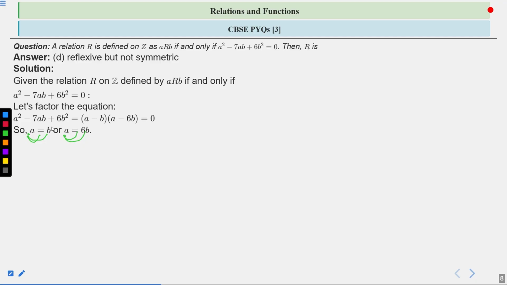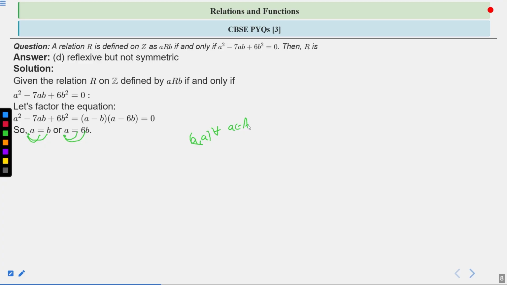So the relation will be reflexive, because we are getting A equal to b. We are also getting A equal to 6b, but it's fine, because A equal to b must be satisfied for all A belongs to Z. Any other thing lying is fine, but this must lie.